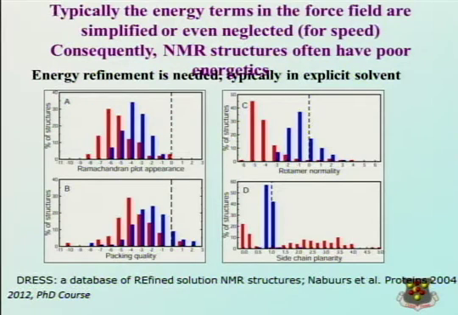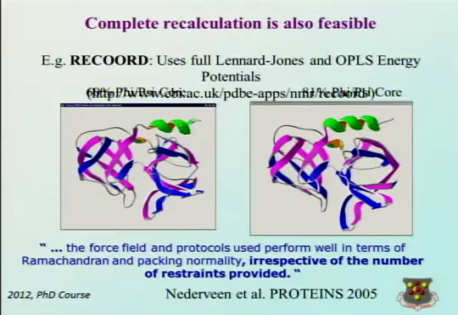But actually, what these people demonstrated, among which Alexandre Bonvin, by the way, was that you can energy refine these original structures, and you can get a significant improvement. You see 2-3 sigma deviations of improvement. So still worse than X-ray structures, I have to say, but the improvement is dramatic just by applying a relatively simple energy refinement protocol.